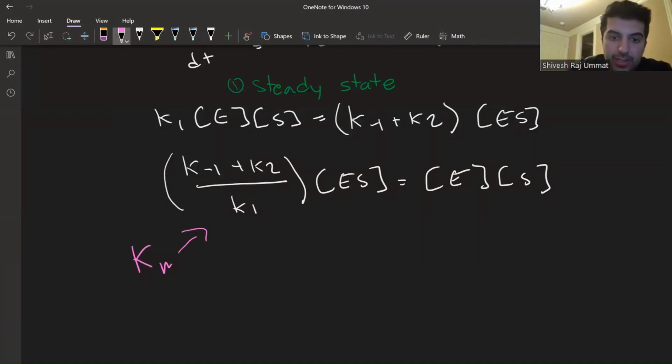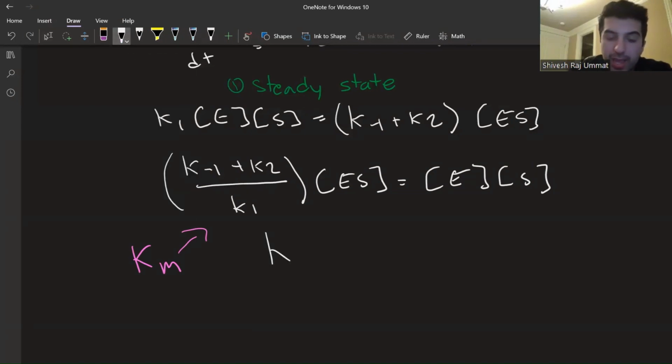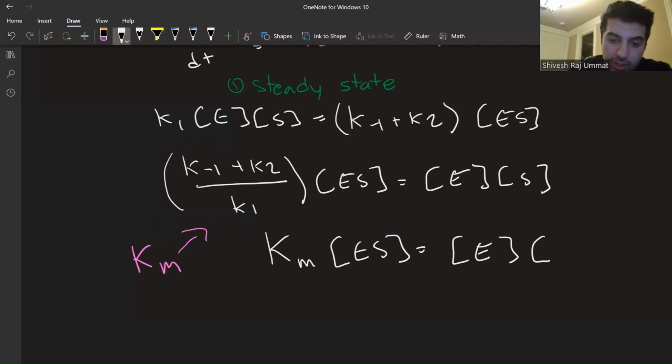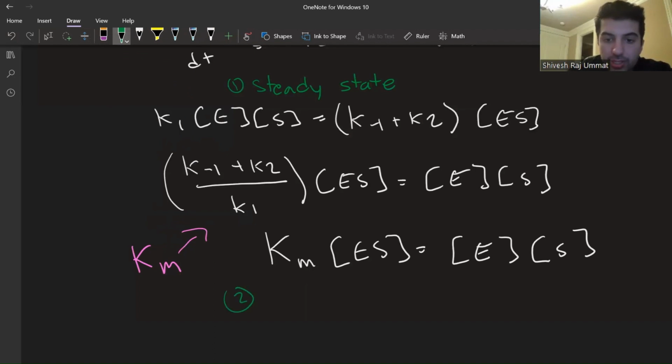Okay, so this simplification is really going to help us not only understand this equation, but simplify the work from here on out. So we're going to look at Km a little bit more in detail after, but for right now, we're going to keep going with the derivation. So here we have Km times the concentration of ES, which is equal to our enzyme concentration times our substrate concentration.